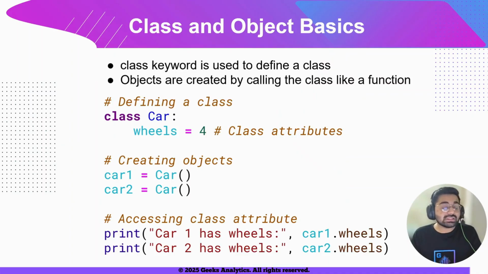So first of all, what is a class and object? The class is the main keyword. Whenever we talk about object-oriented programming, the class is the main keyword that has to be defined first. The class will be followed by the class name that we want to define, and we can then create objects of this class.